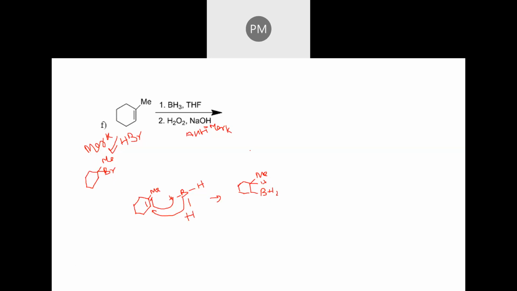So if you show that BH3, why is BH3 attacking here? If you show that BH3 and this are solvent, it will be like this: O THF.